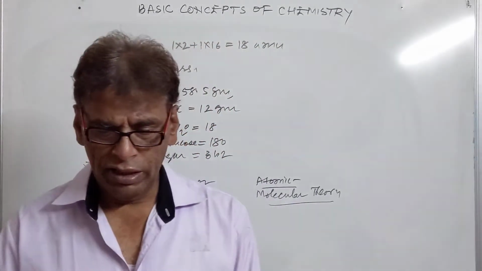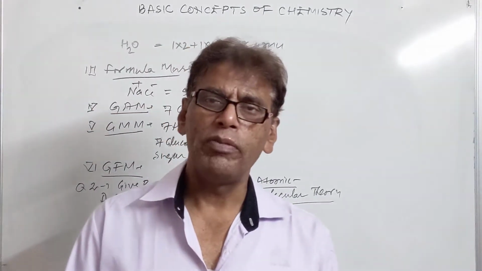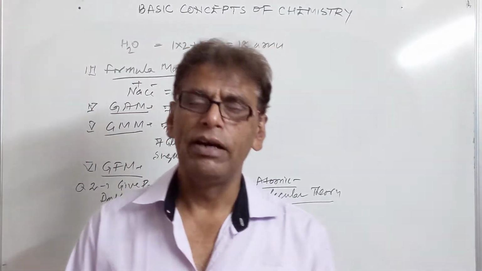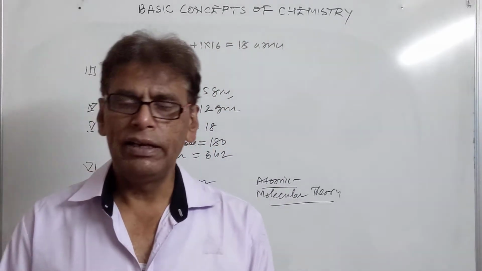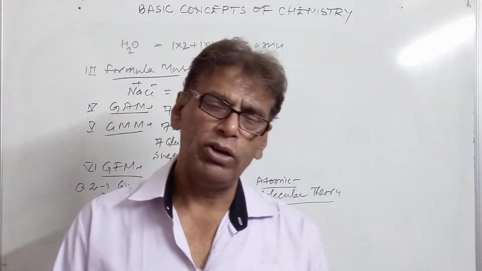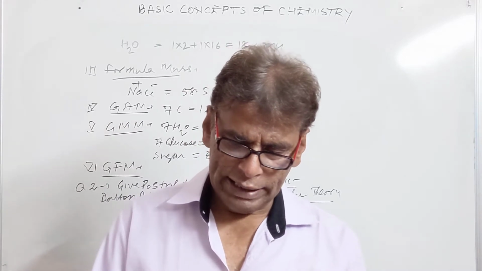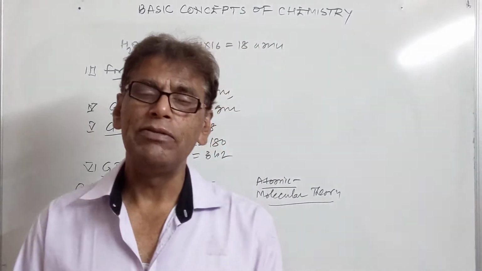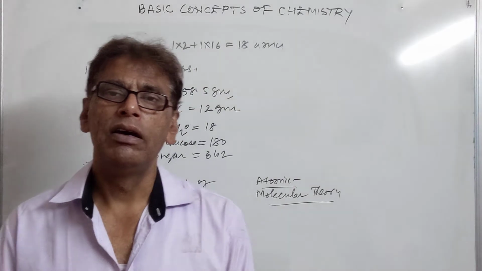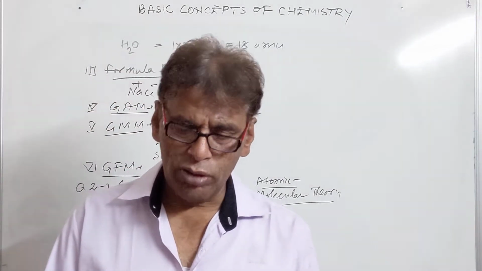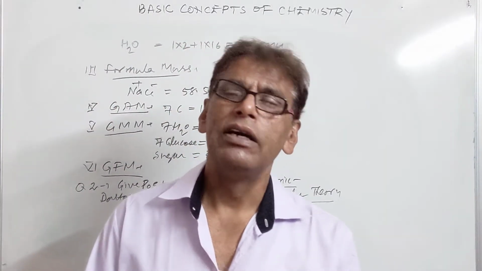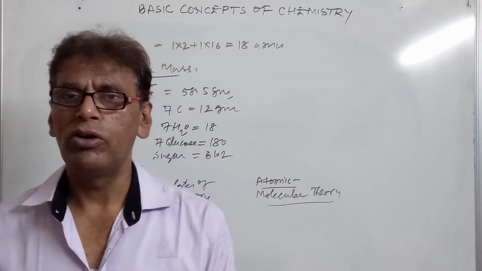Atom can neither be created nor be destroyed. This postulate will be changed. Atom cannot be created, although it can be destroyed, and it changes into energy. Last postulate of Dalton: atom is indivisible. It cannot be divided further, but nowadays it is divisible into electron, proton, and neutron.